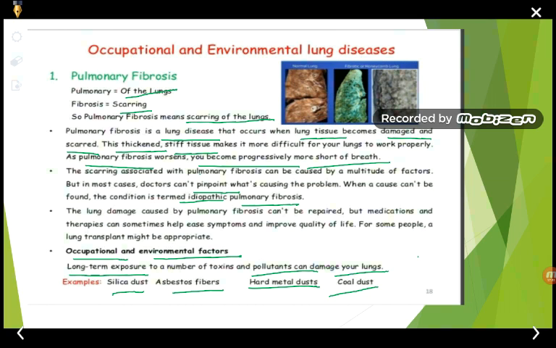So in this way we have covered organ toxicity, that is, how the different toxic components which are released in the atmosphere, or pollutants, environmental factors, can affect the different organs of our body.